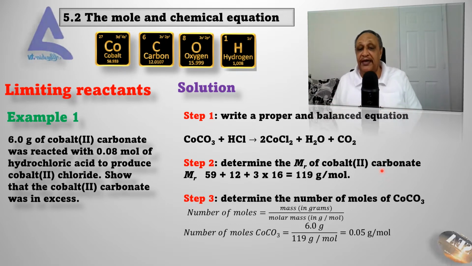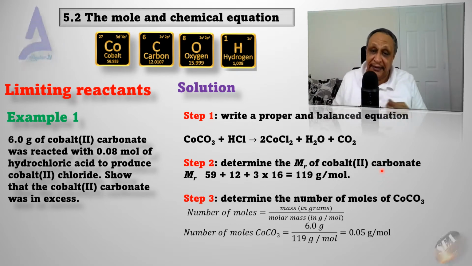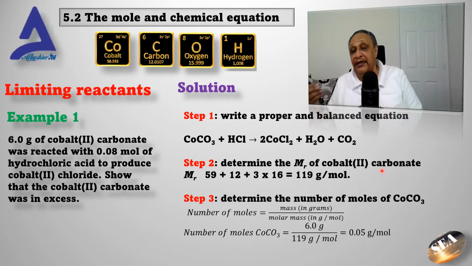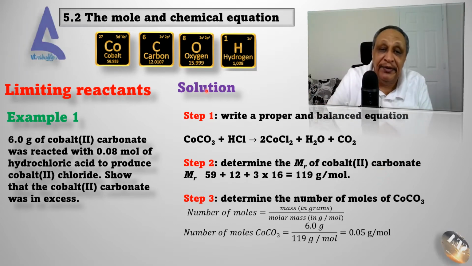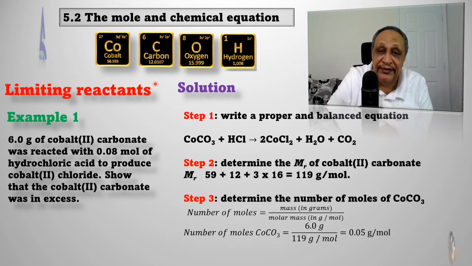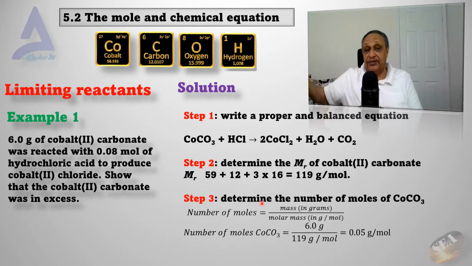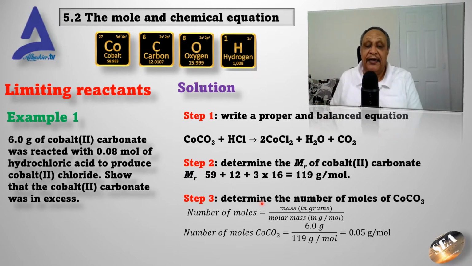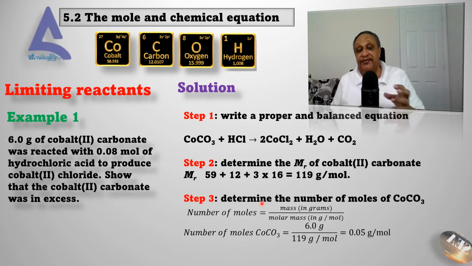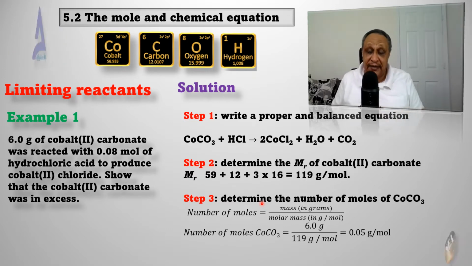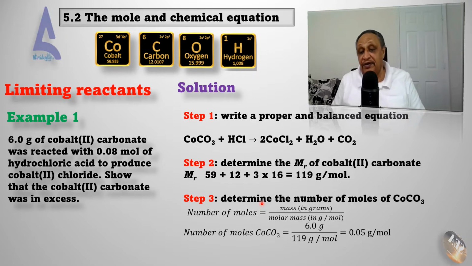Step 2, to determine the relative molecular mass of copper(II) carbonate. I just bring all these items in order so you can understand which one is which. It is copper, which has a relative atomic mass of 59, and 12, which is the relative atomic mass of carbon, and 3 multiplied by 16, which is the relative atomic mass of oxygen.